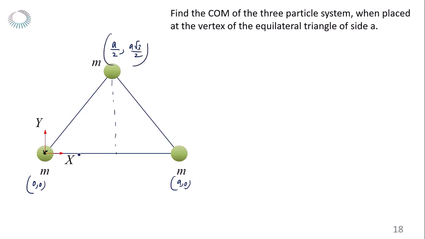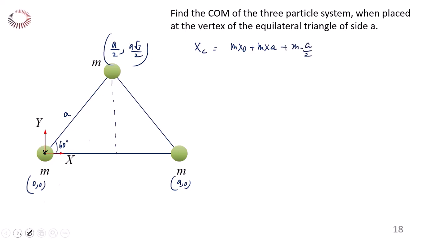This a by 2 is the base, and a cos 60. The angle is 60 degree, so a sine 60 is the y component and a cos 60 is the x component. So you have the 3 different particles and their coordinates. Finally, you can write x center of mass as m into 0 plus m into a plus m into a by 2.